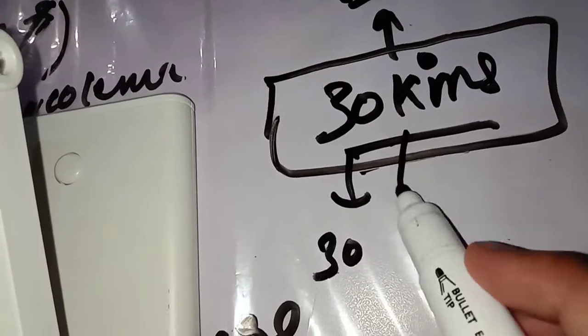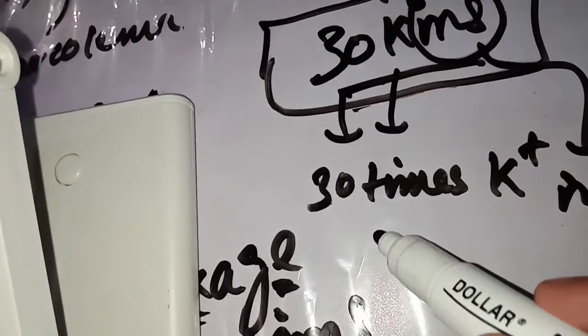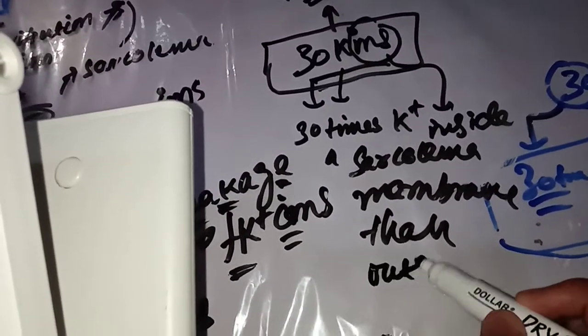Here 30 means 30 and K means potassium ions, it means that 30 times potassium ions is greater inside the sarcolemma membrane than outside. Okay, and 10 times sodium ions is greater outside than inside.